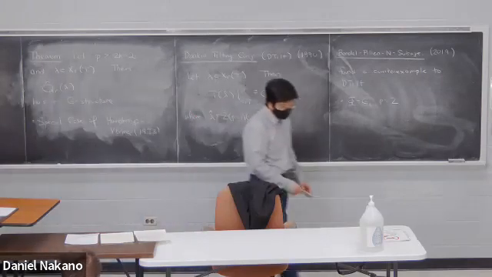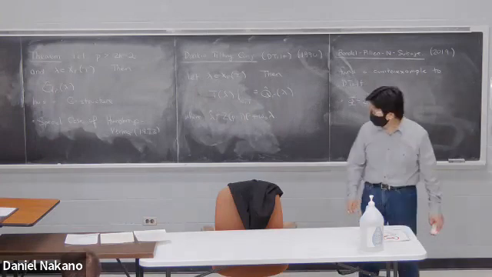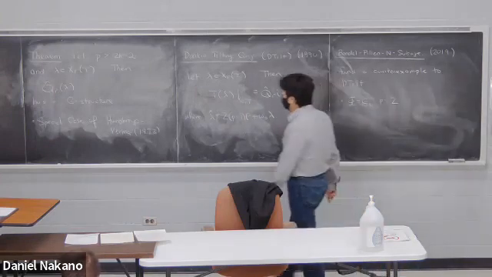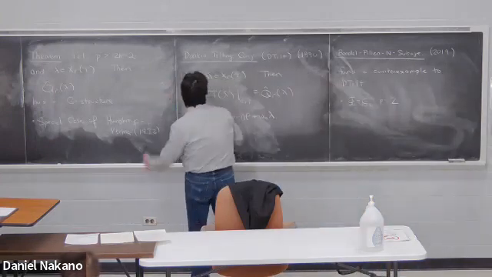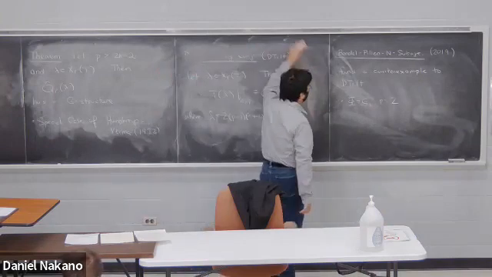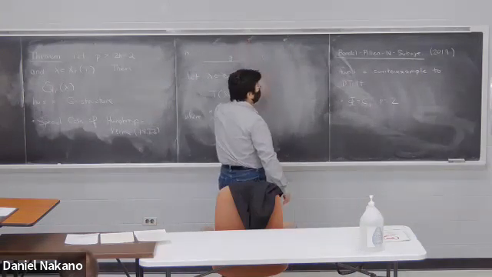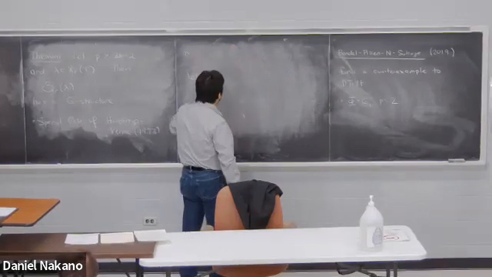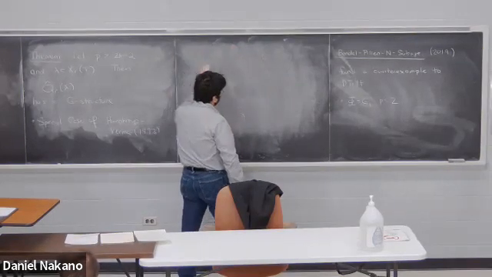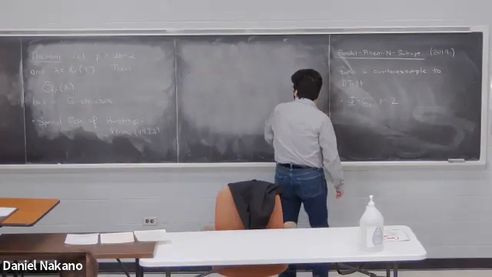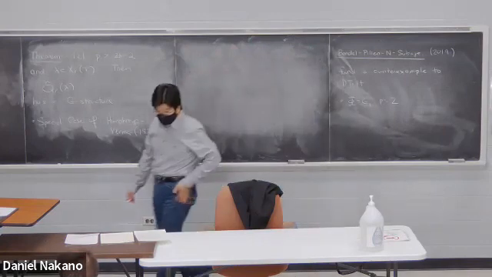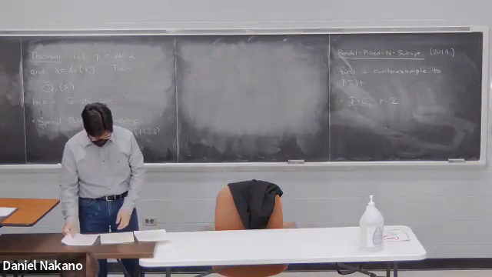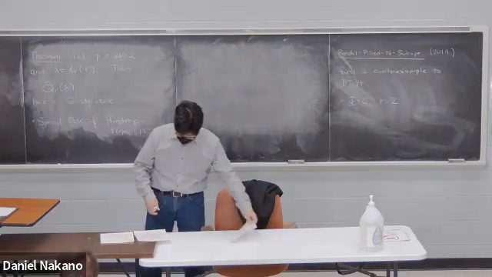All right, so what I have to do is give you some preliminary information, and then we'll go through a sketch of the proof of this statement over here. So let's do some preliminary work.